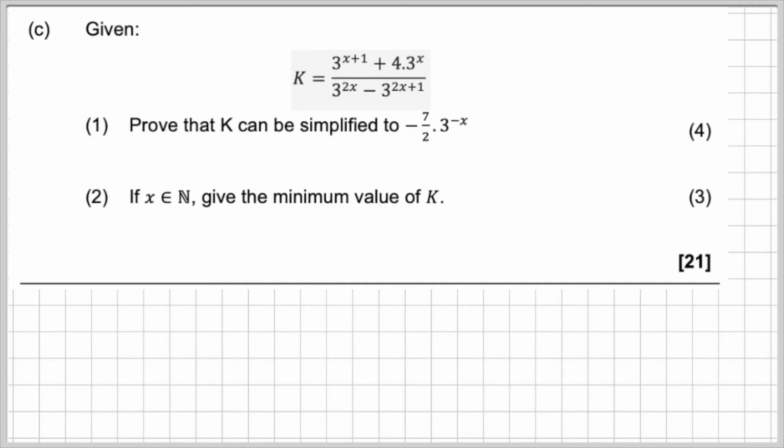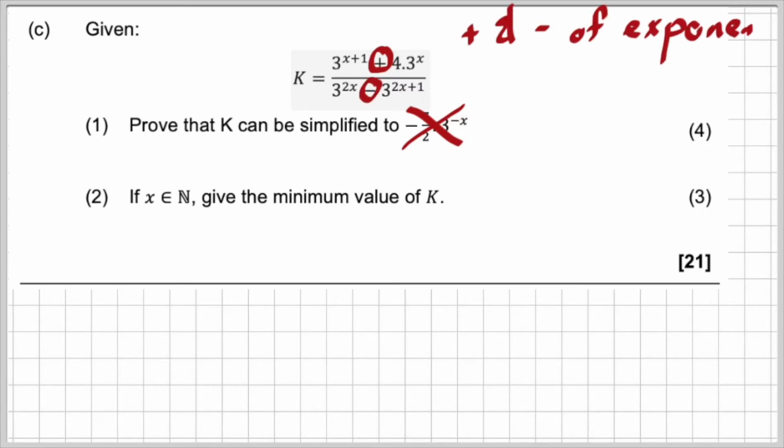So when I look at something like this, the question is: prove that K can be simplified. Now, whatever that answer is, I'm going to ignore it, okay? I am going to ignore that completely, and I'm only going to use it as a check. Now, there's only pluses and minuses, additions and subtractions.